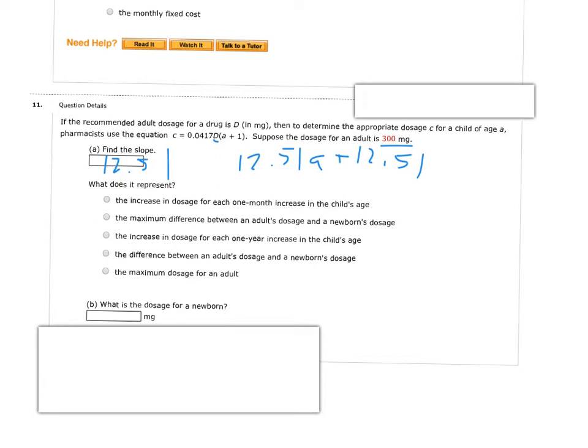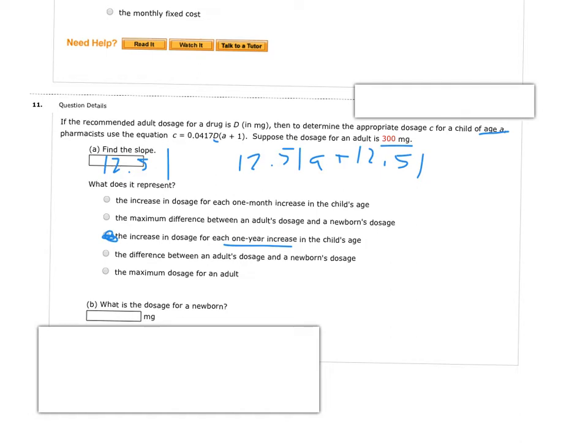And then what does the slope represent? And so let's see, what is the child's age, a? The child's age would be in years, so I would say it's the increase in dosage for each 1 year increase in the child's age.